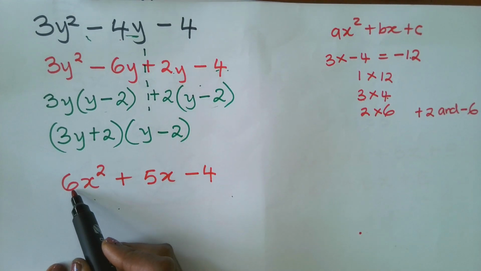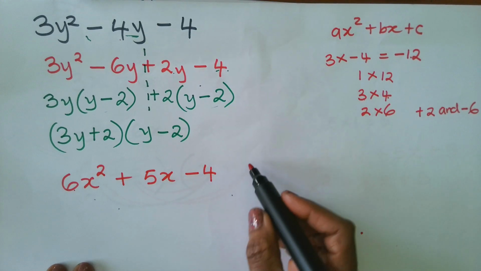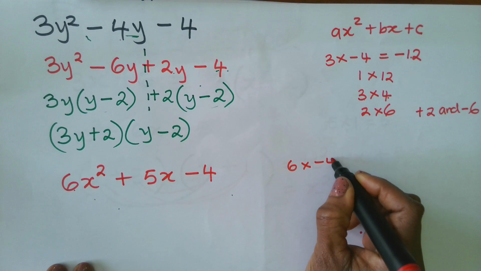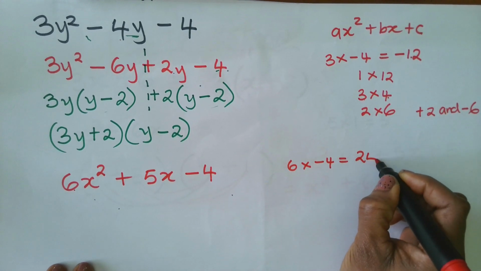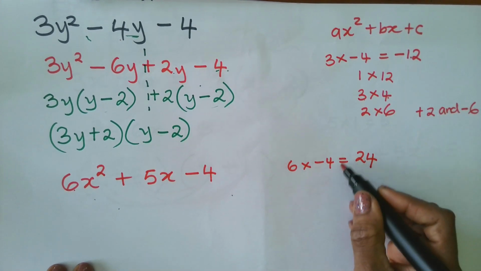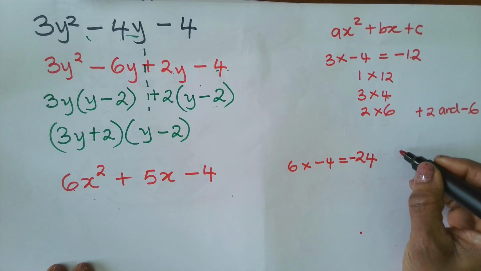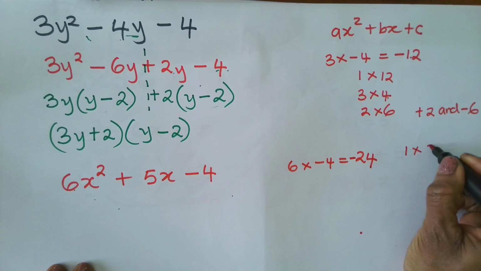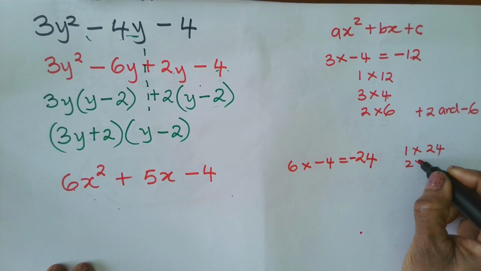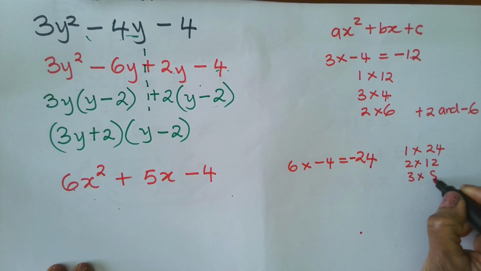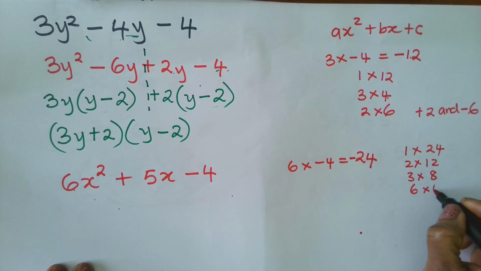Again, we're going to multiply 6 and minus 4. 6 times minus 4 will give us minus 24. Now we're going to find numbers that when we multiply will give us minus 24. That would be 1 and 24, 2 and 12, 3 and 8, 6 and 4.